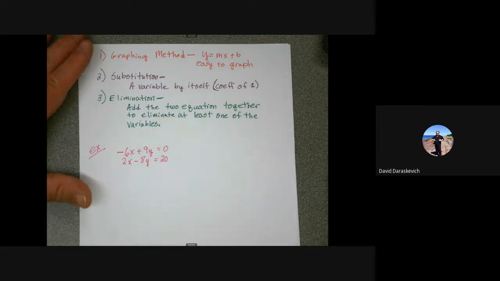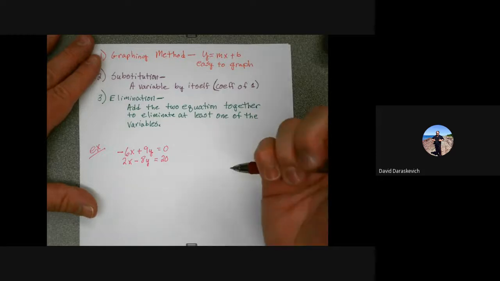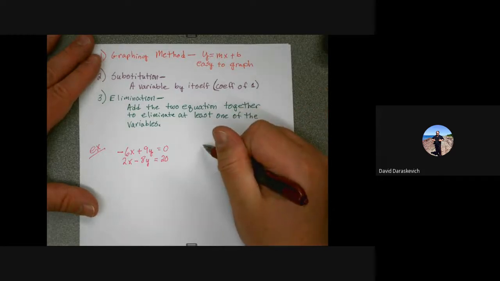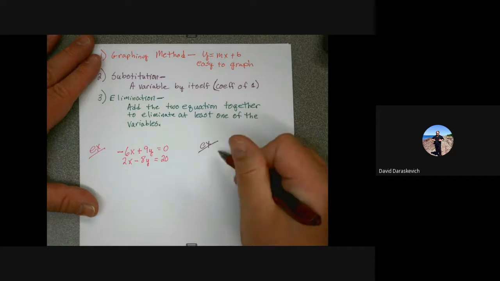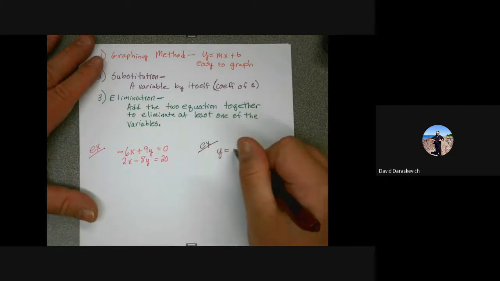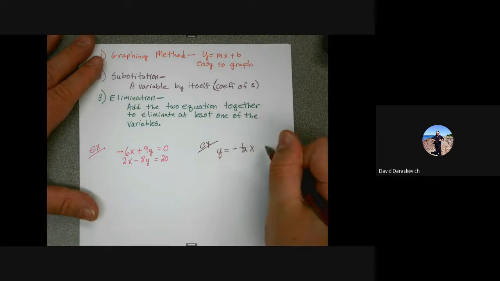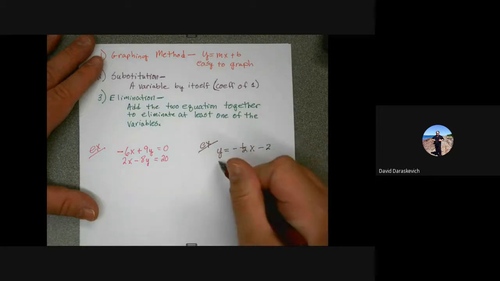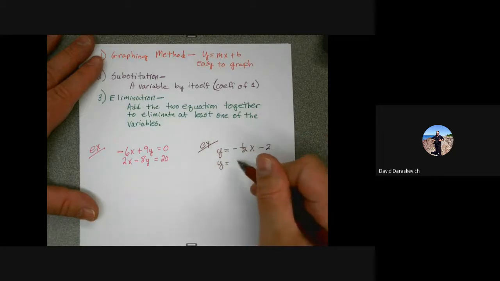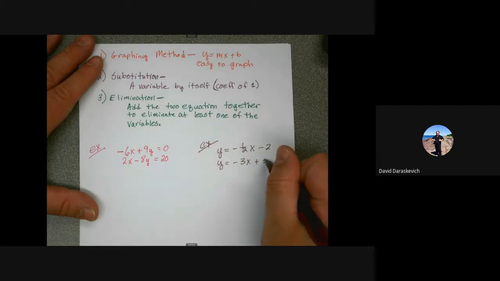I'm going to write some more examples here. Let's see. I'm going to make one up. y equals negative 1/2 x minus 2, and y equals negative 3x plus 5.